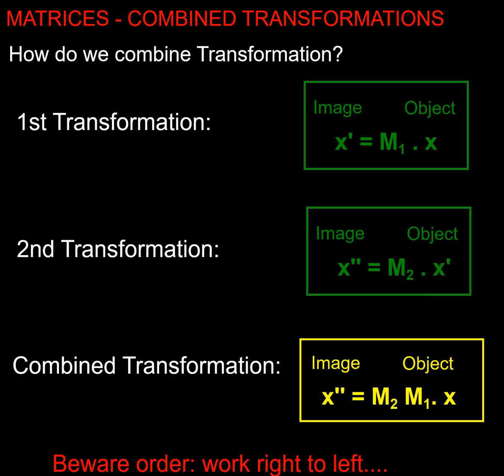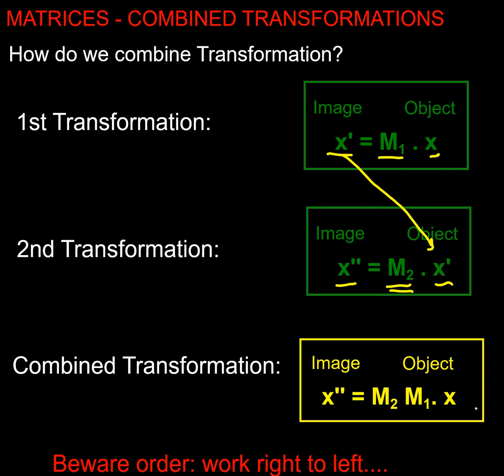Okay, before we move on, we've got to be very clear what happens when we apply transformations. I take a point as my vector x, and I apply my first transformation matrix M1, and I get my image x dash. And then I want to apply a second transformation to it. So I start with my x dash, I apply my M2 matrix to it, and I end up with my final image x double dash.